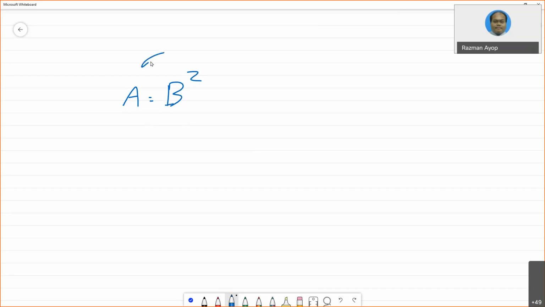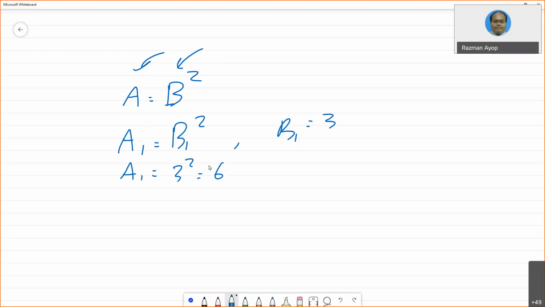You want to get A and you want to have B. B is the manipulated variable, and this one is the response variable. So basically you have, for example, A1 equals B1 squared. B1 equals 3, so A1 equals 3 to the power of 2 equals 9. This is just basic arithmetic.